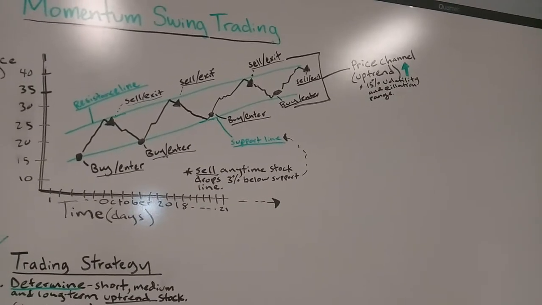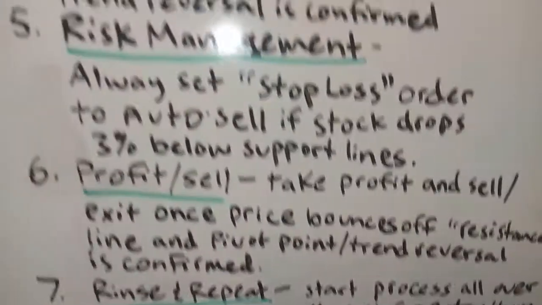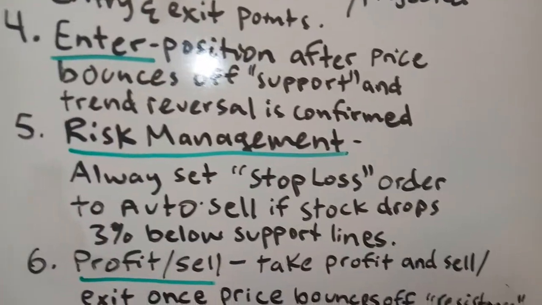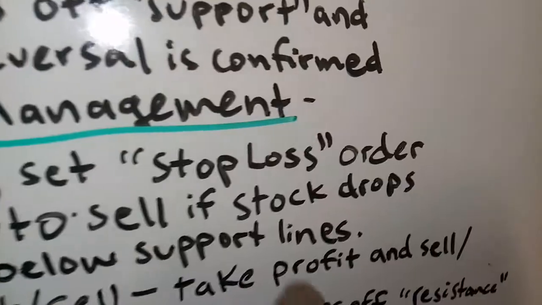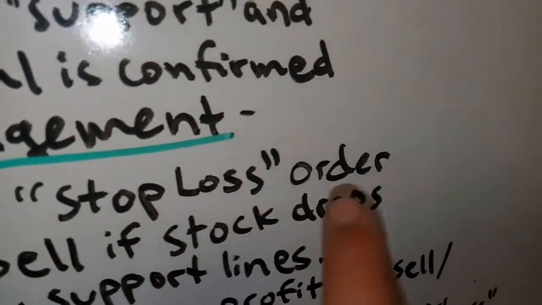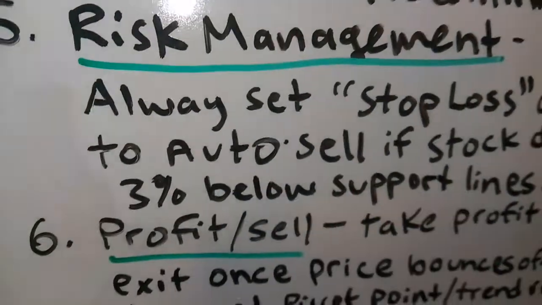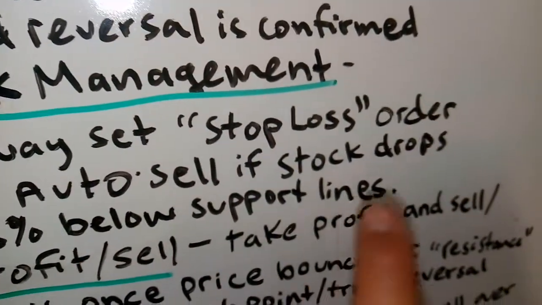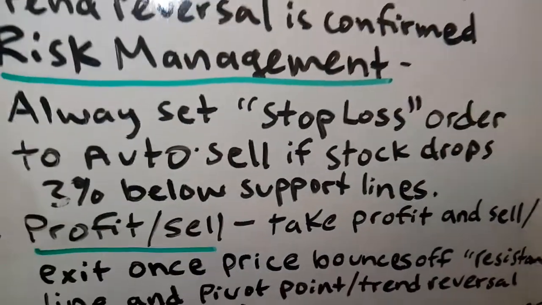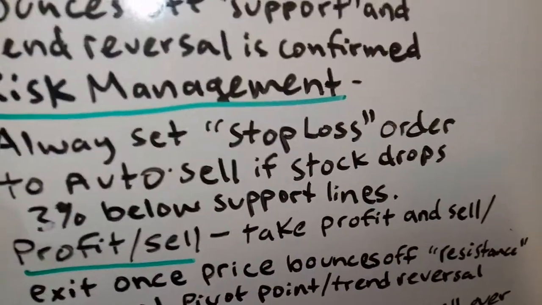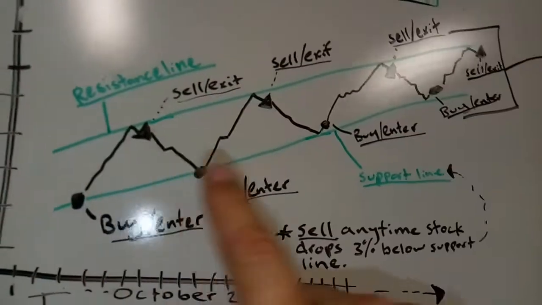But just to give you an idea of the strategy, on number 5, you can see the risk management. Always set your stop loss order to auto sell if stock drops below 3% below support lines. So here's the support line, the bottom one.